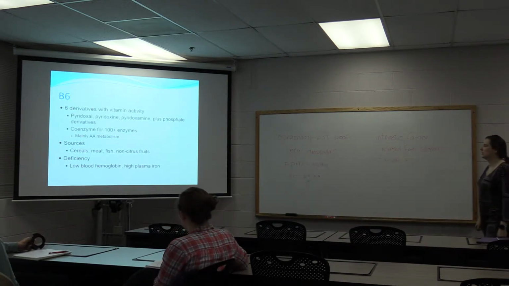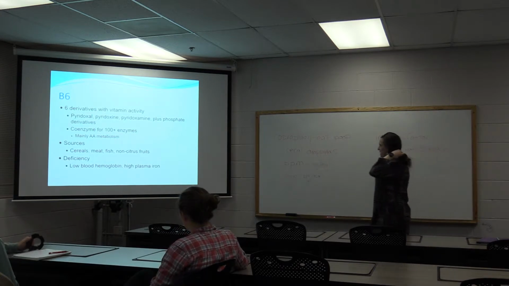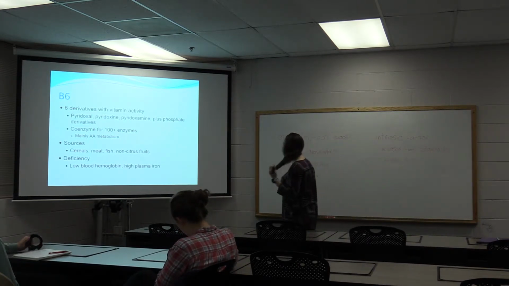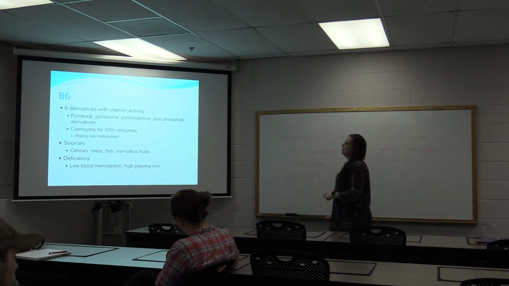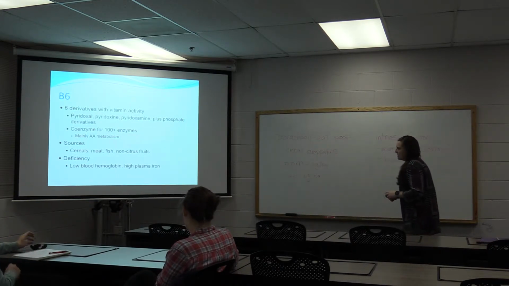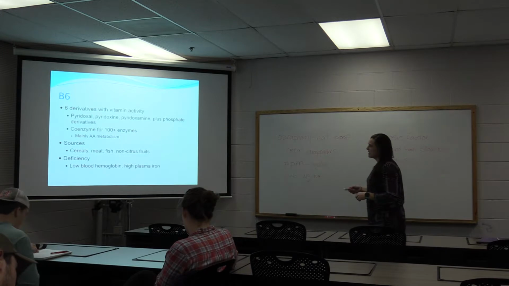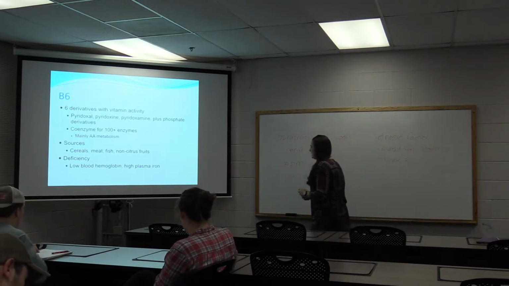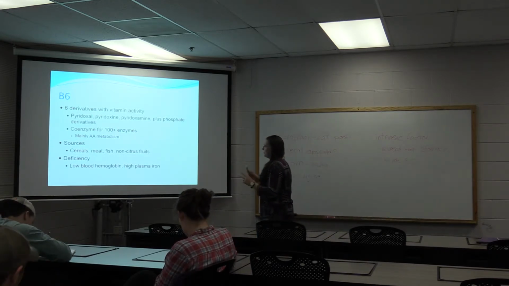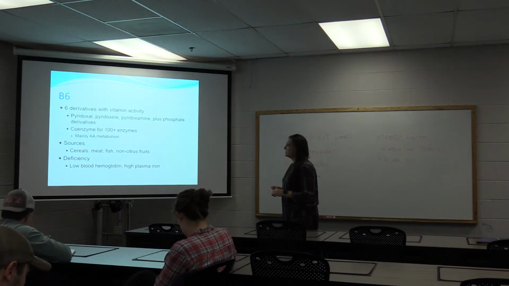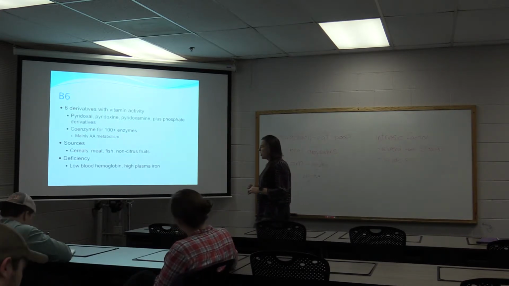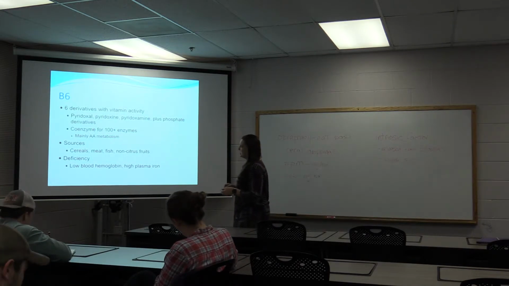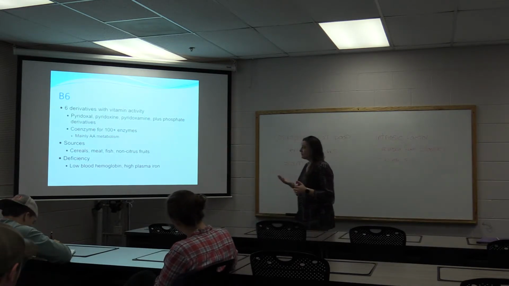B6, I guess this would be the other one. We call it B6 because there are many different forms. We have 6 derivatives. So this is pyridoxal, pyridoxine, pyridoxamine, and then you have your phosphate derivatives. This is another one that is very hard to get deficiency because it's in everything.